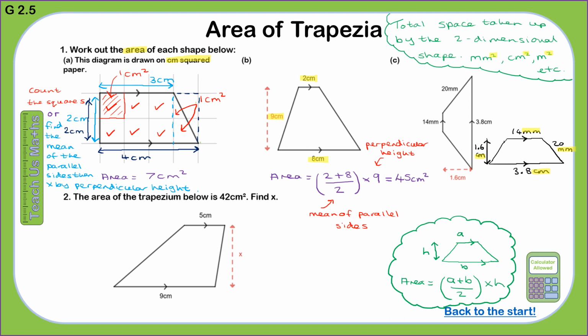I'm going to use centimetres. So 14 millimetres, I know that in 1 centimetre there are 10 millimetres, so 14 millimetres is the same as 1.4 centimetres. And then the other measurement that's in millimetres is the 20 millimetres. So this is equivalent to 2 centimetres.